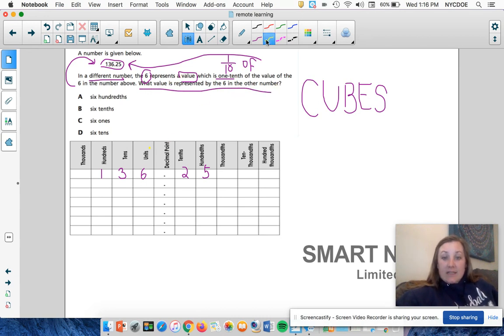So I'm going to take my yellow crayon and circle the 6. Now, units represents ones place. So I'm going to write 1, the ones place.